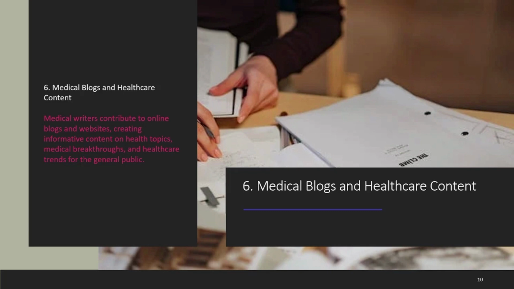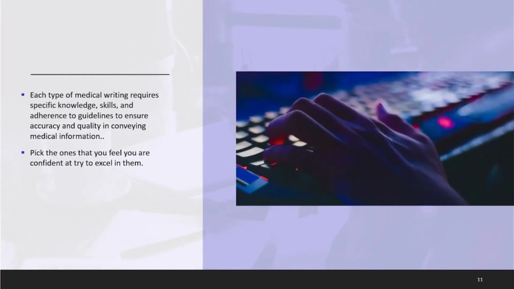And if you have the expertise in creating such beautiful and attractive content, then definitely there are many opportunities in this field for you. So each type of medical writing requires specific knowledge, skills, and adherence to guidelines to ensure accuracy and quality in conveying medical information.